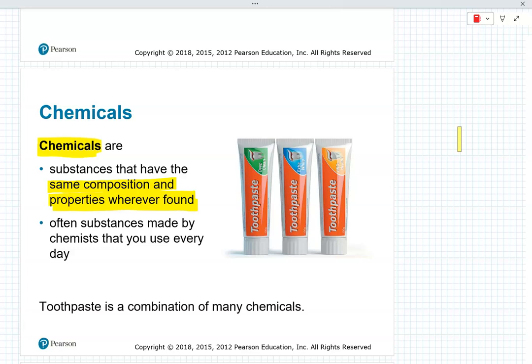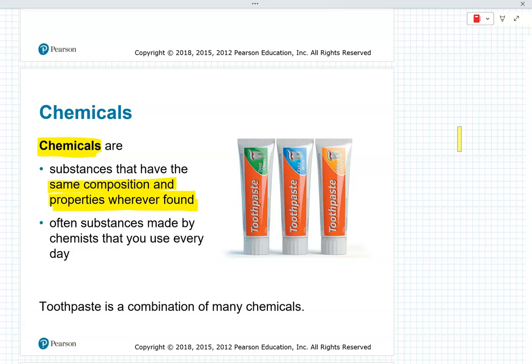And the composition of water is 2 hydrogen and oxygen in each molecule. Doesn't matter where you buy it or where you get it. If it's water, it has the same composition. Okay? You can get sand, and that's going to be silicon dioxide, whether it's on Lake Erie or in Florida. Okay, chemical composition is the same.